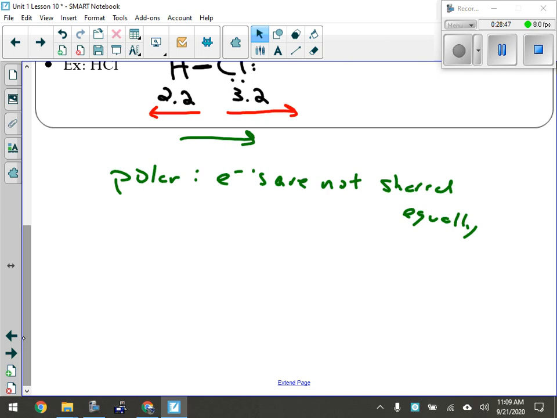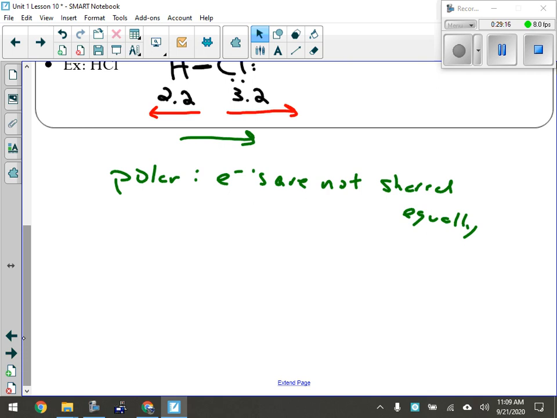And then the covalent part means we're sharing electrons, but not equally. Polar, electrons are not shared equally. So those are the three main types of bonds that we have going forward. This is important because now we can decide whether this should be an ionic compound or a molecular compound. Are they sharing electrons equally? Are they sharing them not equally? That'll give you that idea.